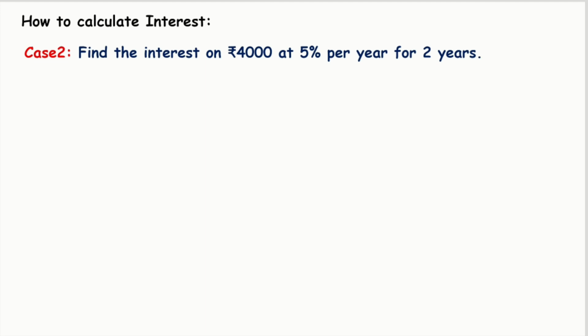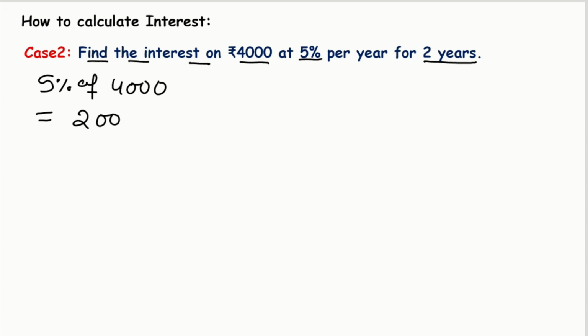Now here I have taken the case 2. Find the interest on 4,000 rupees at 5% per year for 2 years. So 5% of 4,000. This we have already calculated, which is rupees 200. Now, how much one has to pay? Every year he has to pay 200 rupees. And he has borrowed the money for 2 years.